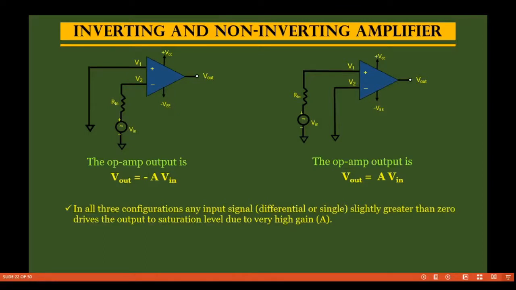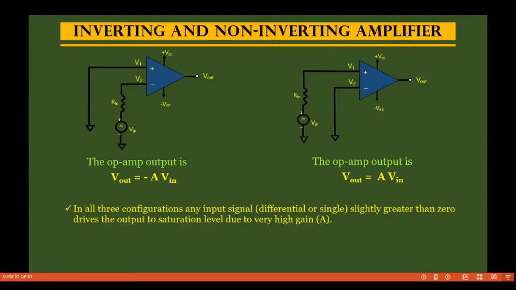Because A is very high. As we have seen in the ideal case, the value of gain is above 10 to the power 5. So if you apply a very small signal which is slightly greater than 0 voltage, then the output gets saturated to a value less than VCC. Right?